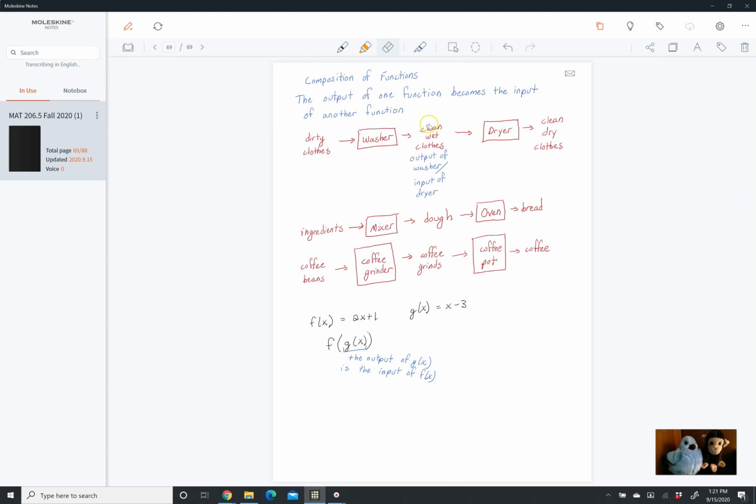Okay, there's another way that we could write this. We could also write this as f following g of x. It means the same thing, it's just a different way of writing it.